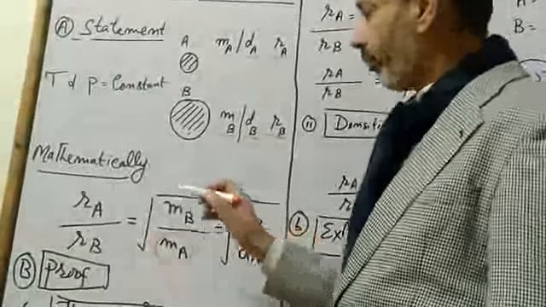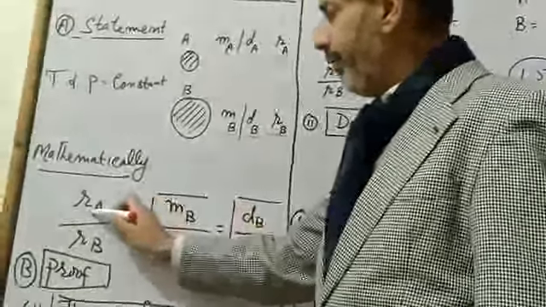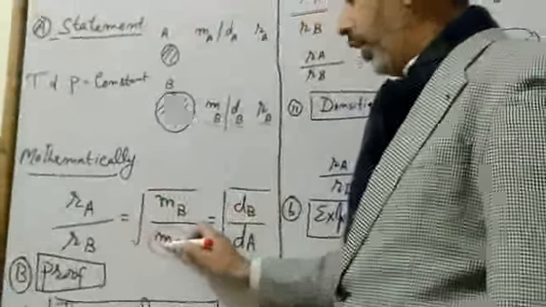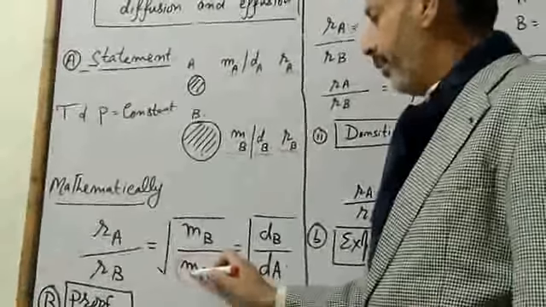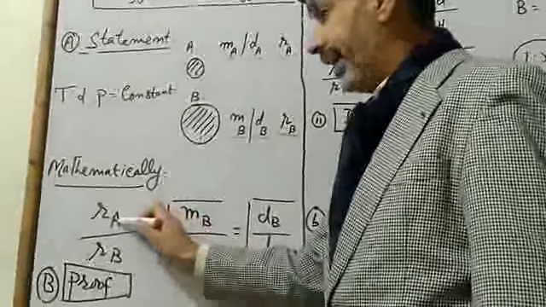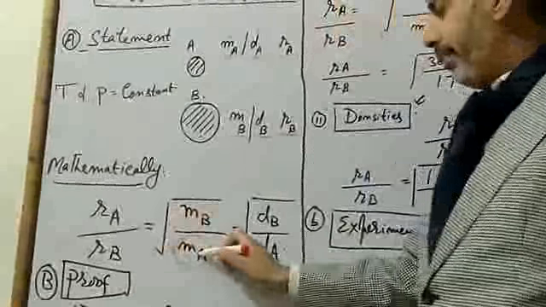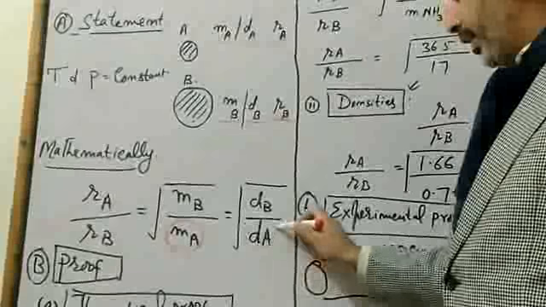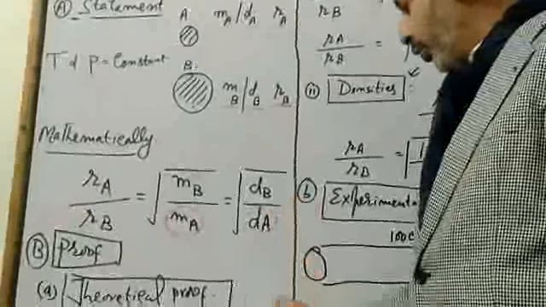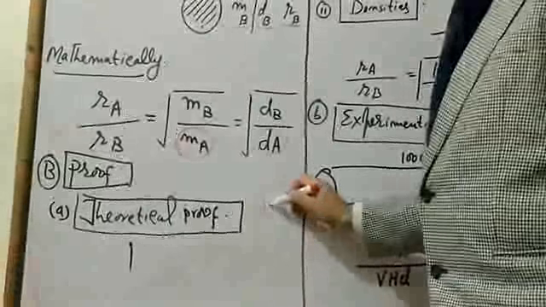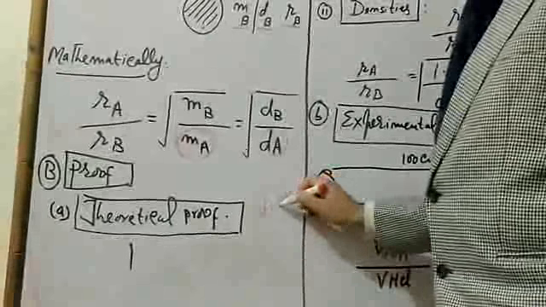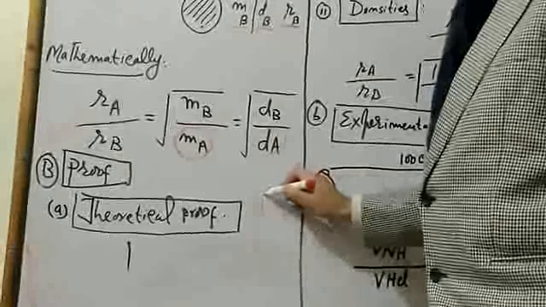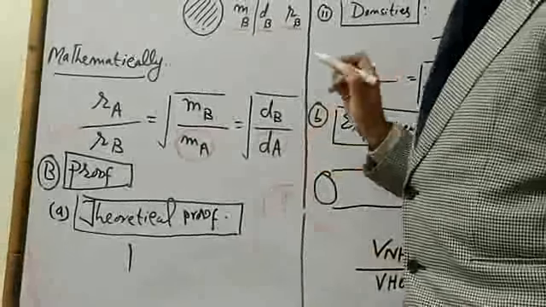Listen carefully. Once again, I repeat: the rate of diffusion of a gas is inversely proportional to the square root of the molecular mass of that gas. But keep in mind, molecular mass and density are directly proportional. You know that density is mass per unit volume.